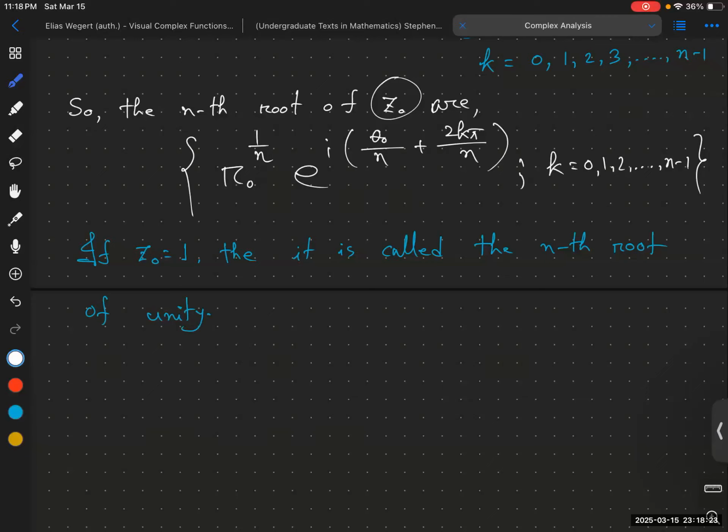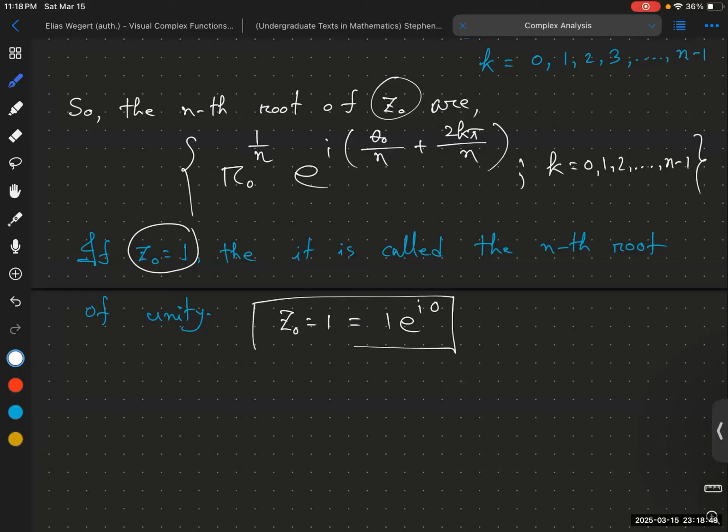In polar form, z0 equal to 1 has modulus 1 and argument 0.